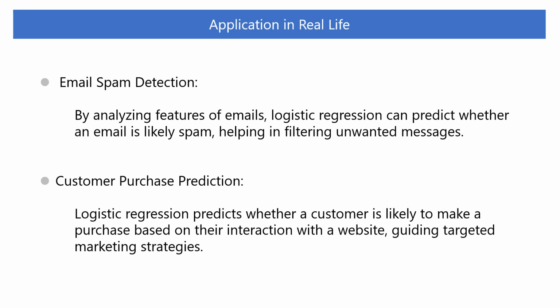In practice, logistic regression helps in making decisions with binary outcomes. In email spam detection, logistic regression analyzes features of emails, and using those features as input, it predicts whether an email is likely spam, helping in filtering unwanted messages. In customer purchase prediction, logistic regression can predict whether a customer is likely to make a purchase based on their interaction with a website, guiding targeted marketing strategies, and so on.